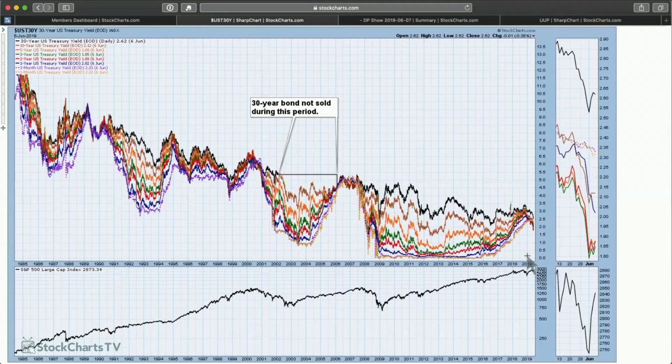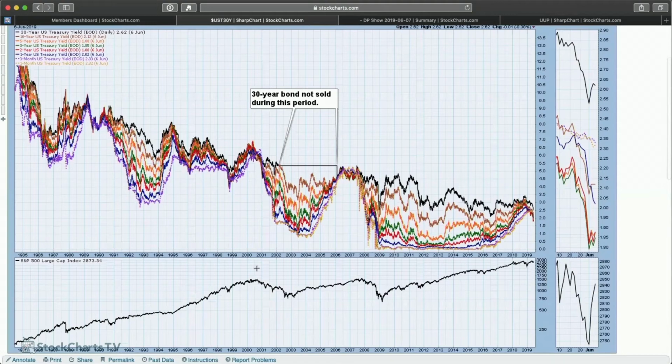I should comment that I have used a semi-log scale on the S&P 500 panel on the bottom. I don't like semi-log, but sometimes in this case, you need to use it to get any sense of what prices were doing in the earlier days. Otherwise, it would be just indistinguishable.